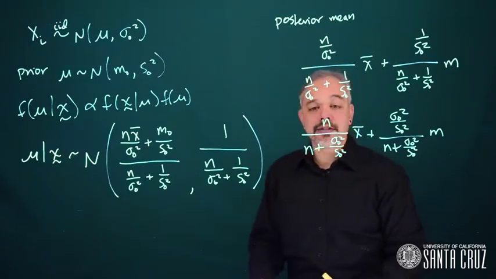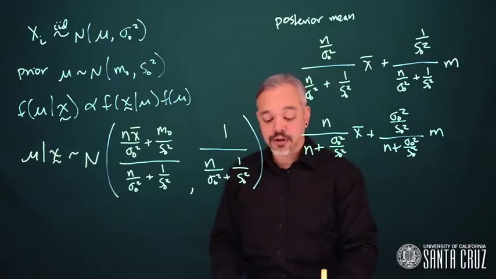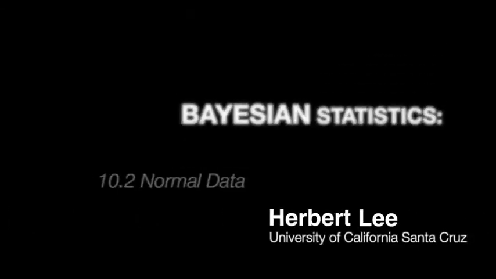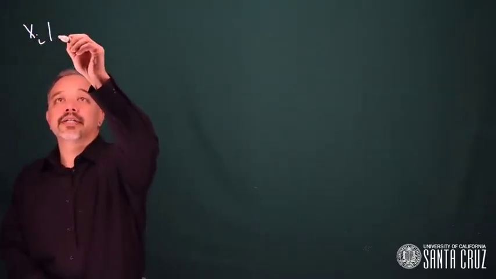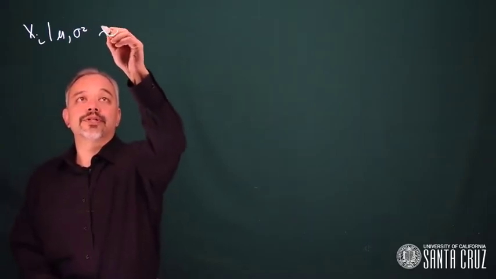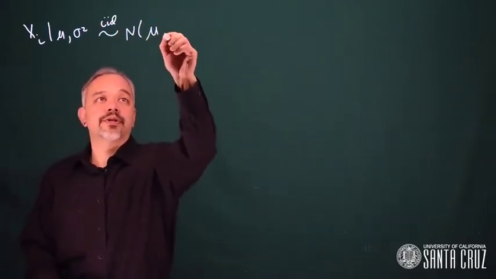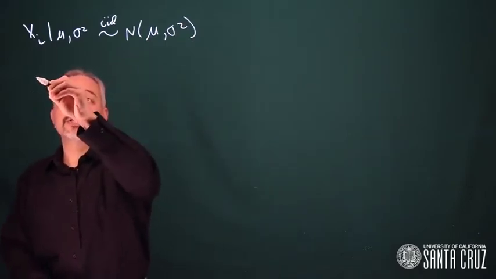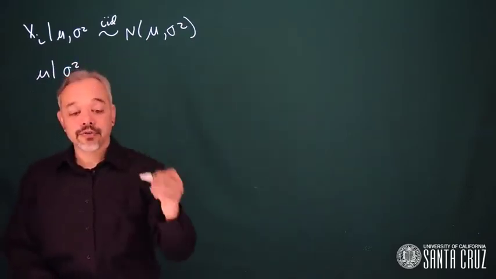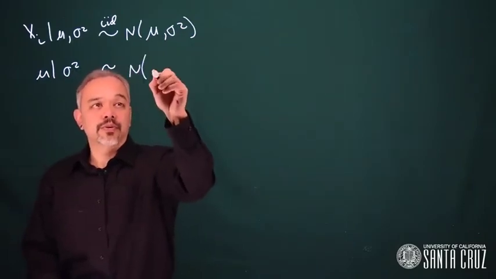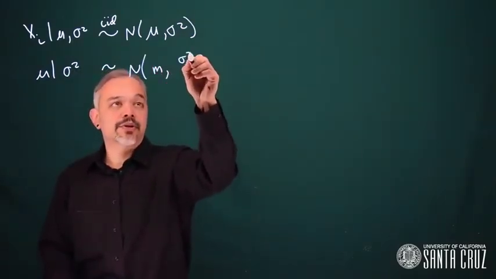We can also consider the case that both mu and sigma squared are unknown. If both mu and sigma squared are unknown, we can specify a conjugate prior in a hierarchical fashion. The data, x sub i, given mu and sigma squared, we represent as independent identically distributed normals with mean mu and variance sigma squared. We then specify a prior for mu conditional on a value for sigma squared to be normal with mean m and variance sigma squared over w.